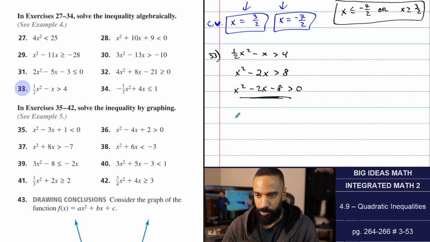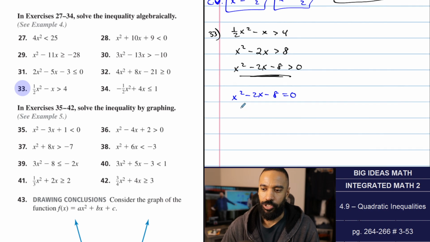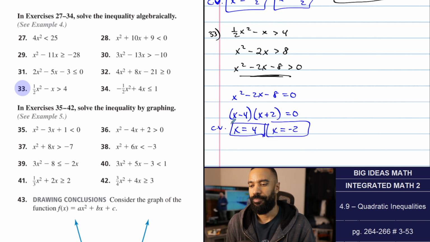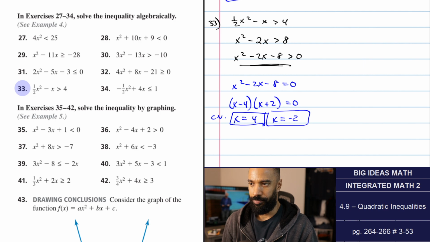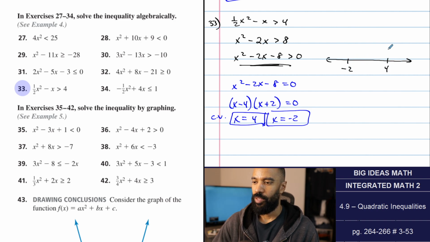That is very factorable. That factors to x minus 4 times x plus 2. Which means your critical values are 4 and negative 2. Okay, so 4 and negative 2. I didn't say points to test against last time. I apologize. I'll remember to do it this time. Okay, greater than 0.